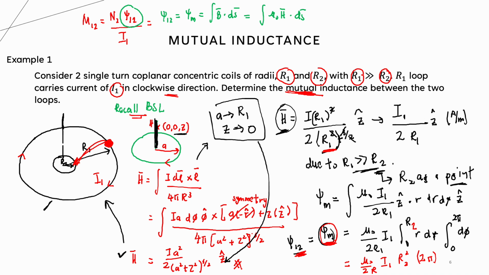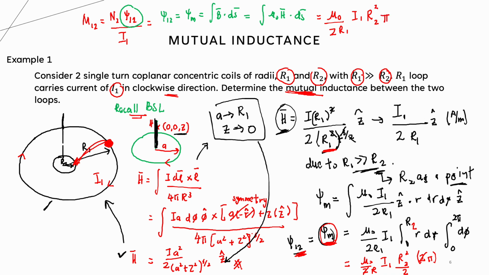These 2 and these 2 can be cancelled out. Oh sorry, there is R2 over 2, so this 2 and this 2 will be cancelled out. So psi m equals mu naught over 2 R1, I1, R2 squared, pi.